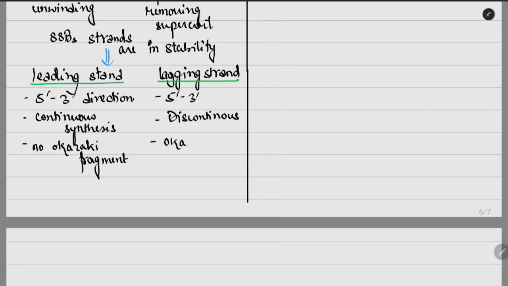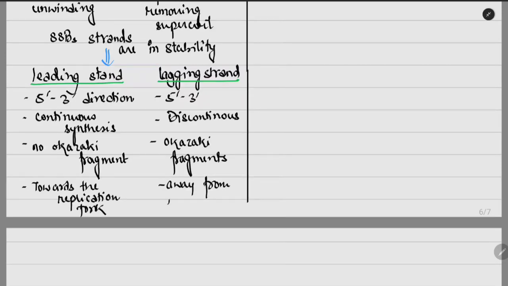Here Okazaki fragments are formed. It is towards the replication fork. And this is away from the replication fork. But these are the important points you should understand.